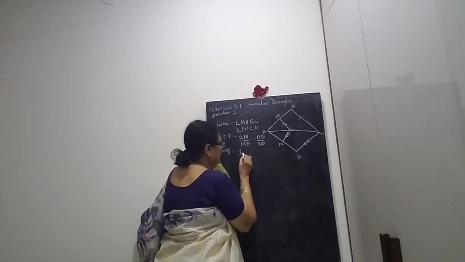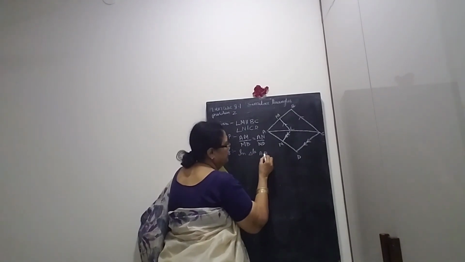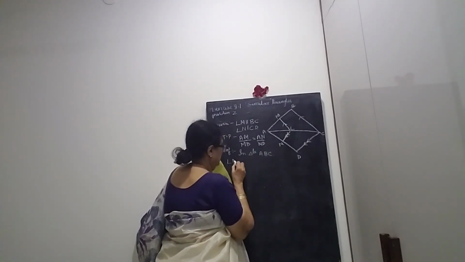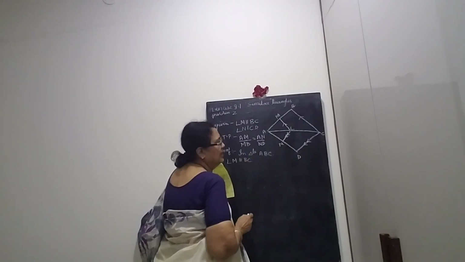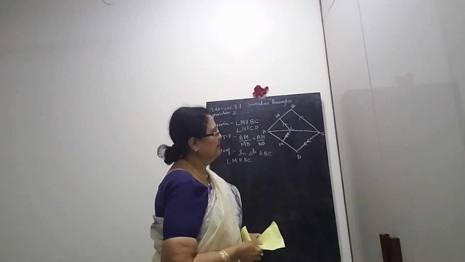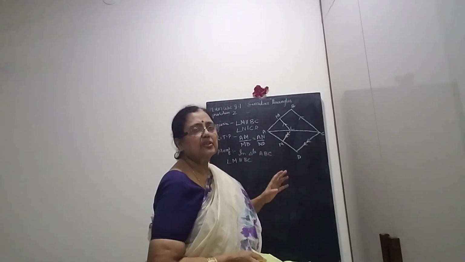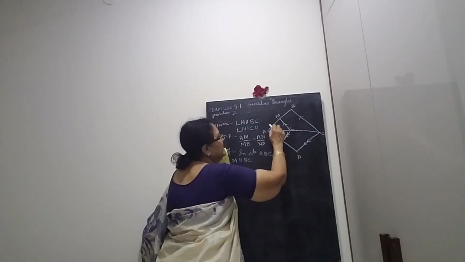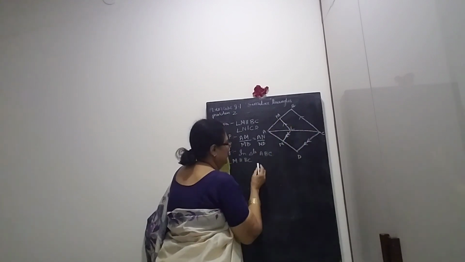In triangle ABC, LM is parallel to BC. So according to basic proportionality theorem, if a line is drawn parallel to one side, it divides the other two sides in the same ratio. So it divides the two sides AB and AC in the same ratio.